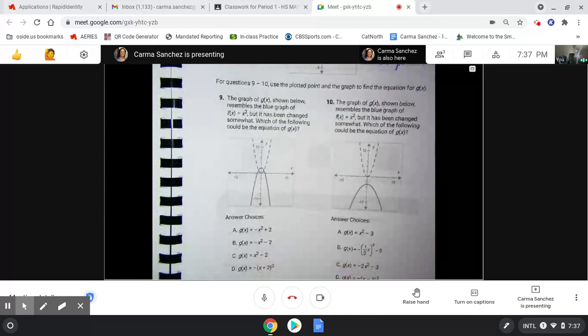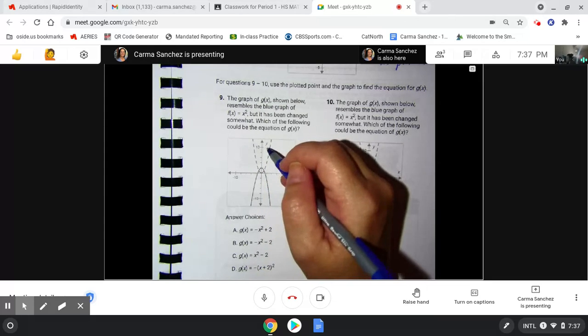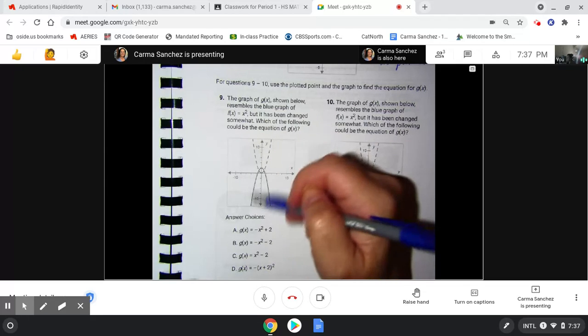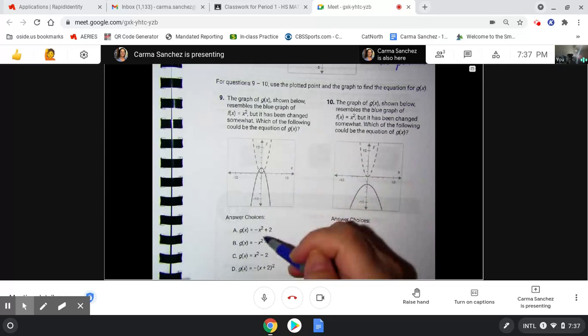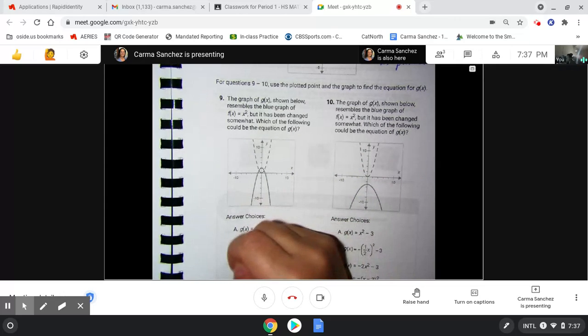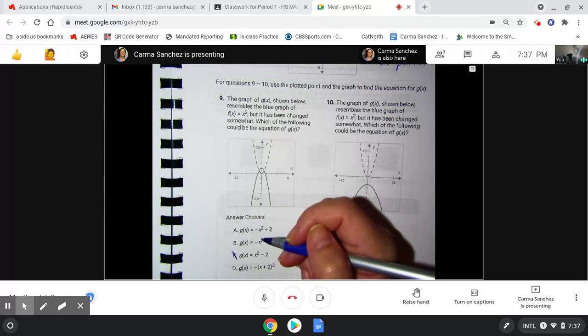All right, last two, 9 and 10. Number 9 says the graph for g of x is shown, and it's got the x squared right here. Here's our parent graph in the dashed graph. It's been changed somewhat. Which of the following could be the equation? Notice it's been flipped, so the first thing I'm looking for is a negative in front. So it's definitely not C. The graph is flipped over the x-axis, has to be a negative coefficient.